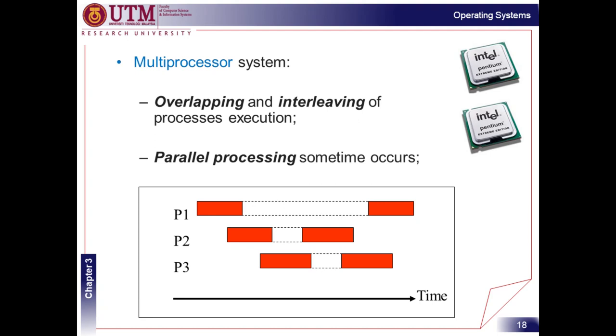Multiprocessor systems have some advantages and disadvantages compared to a single processor system. Some of the advantages are they can increase the throughput of the system, which is the number of processes completed per unit of time.